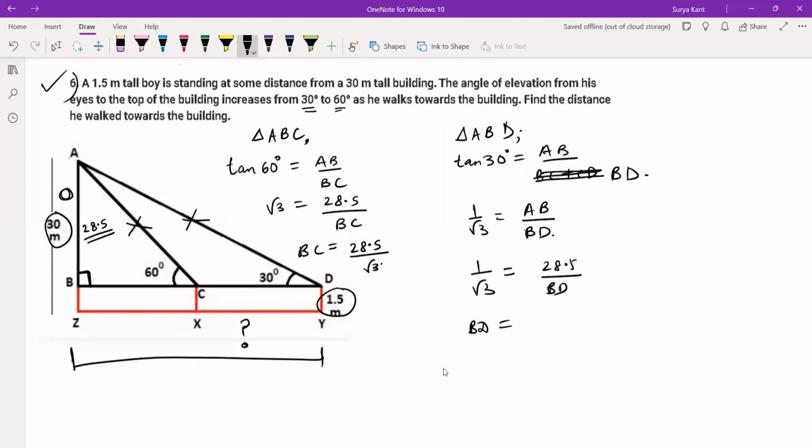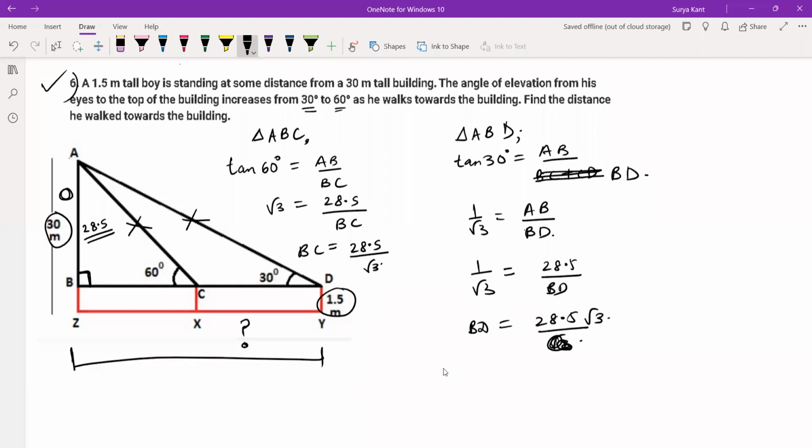BD is equal to 28.5 divided by √3. Same answer, how is it coming? We have done something wrong here. AB by BD, so √3 will come here, not down. We are multiplying, no? BD is equal to 28.5 into √3, right?